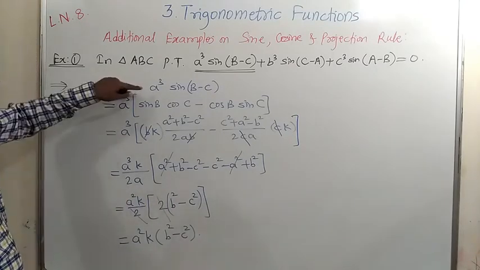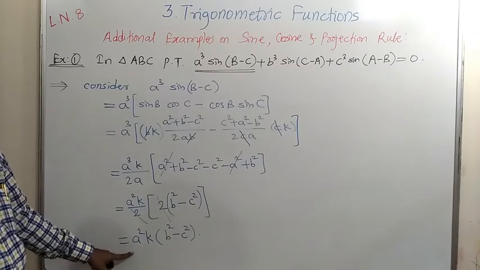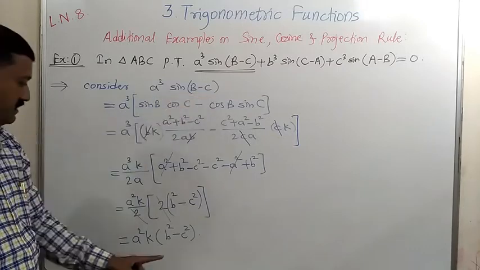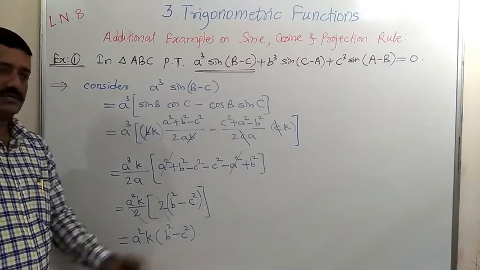If you observe carefully, here is A cube, so we get A square with K. Here capital B minus C is there, so we get small b square minus c square.